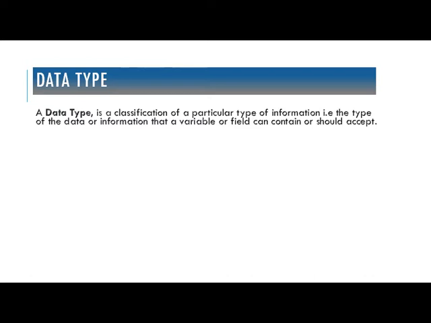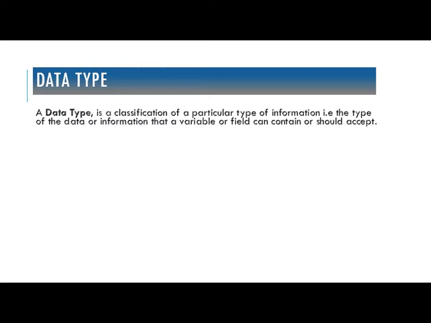The name itself says data type: the type of the data or information that a variable or a field should accept or can contain. What kind of value do we need to pass? That's what data type means. It's a regular term, not a technical term.